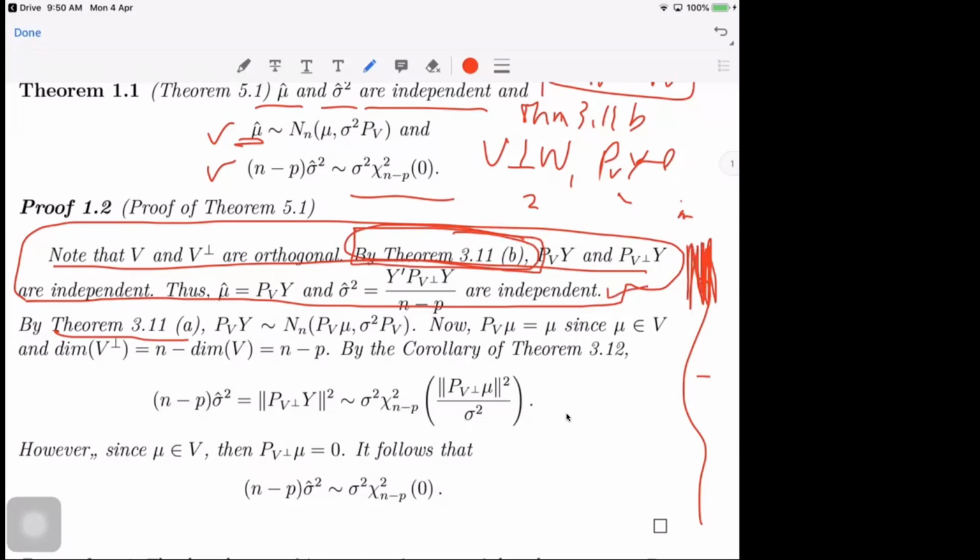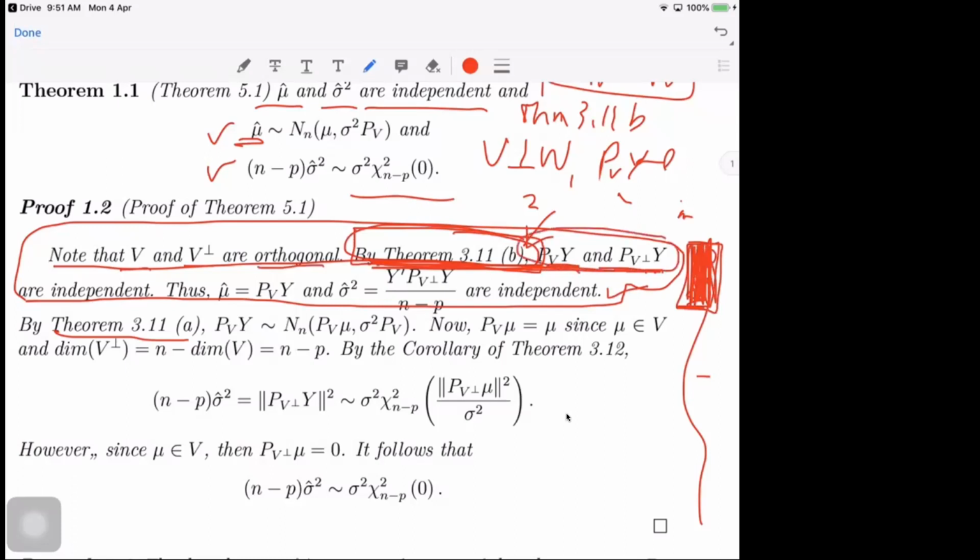This is a short proof, but when you are asked in an exam to prove that, you have to show first theorem 3.11b. Do you understand? So you have to go first through the process of showing 3.11b. With the assumption that V and B perp are orthogonal, then you show how you prove that these are independent.